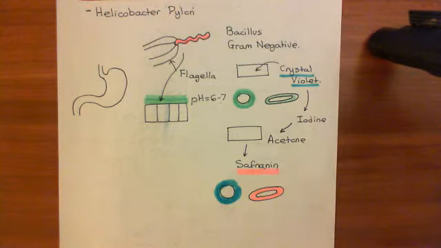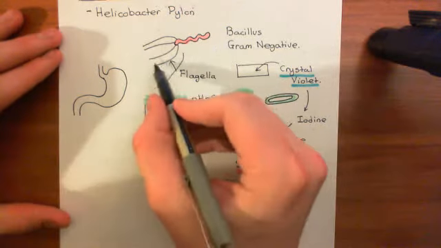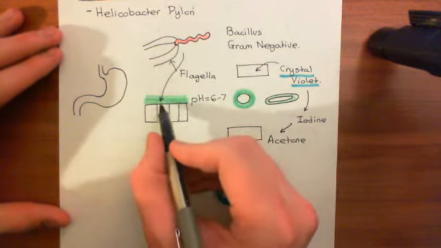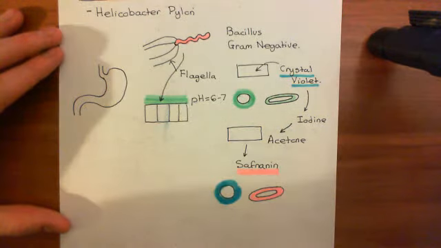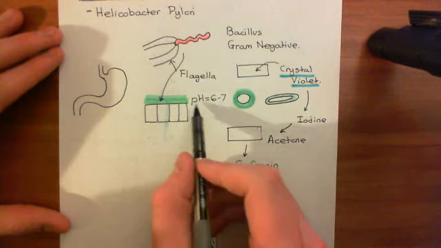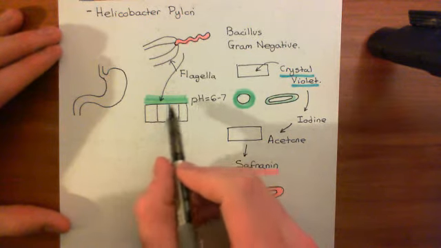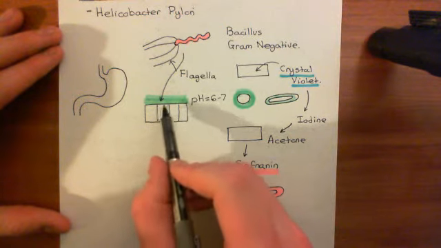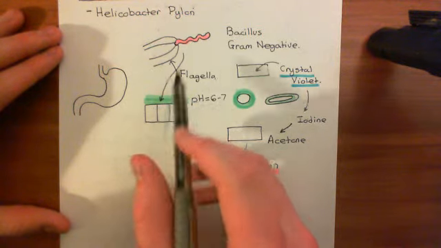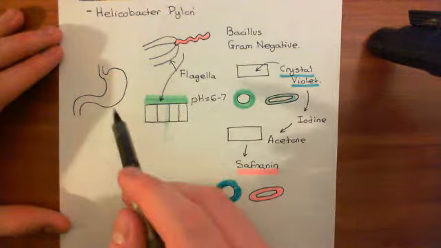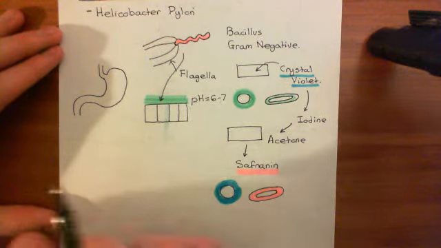Now, they are brilliantly designed to live in this mucus. Firstly, they have these flagella, which allow them to propel themselves through the thick mucus. Secondly, they also help keep the pH at a desirable level. So the mucosal cells are doing their best. They are secreting the bicarbonate, which helps, but the Helicobacter pylori isn't satisfied with the good work of the mucosal epithelial cells.